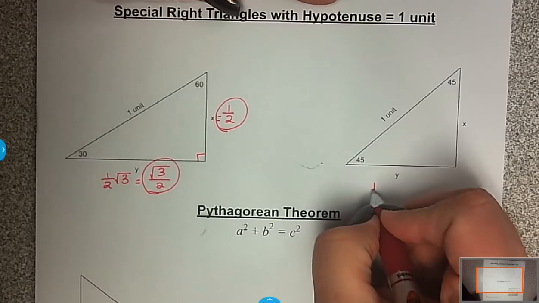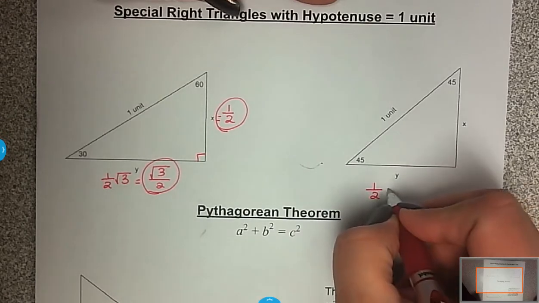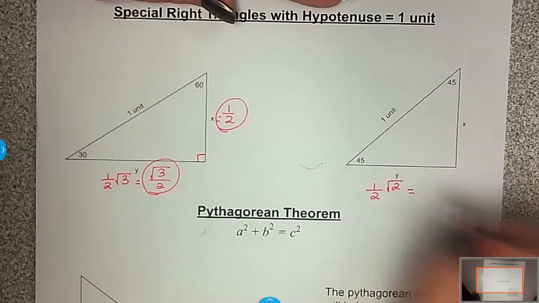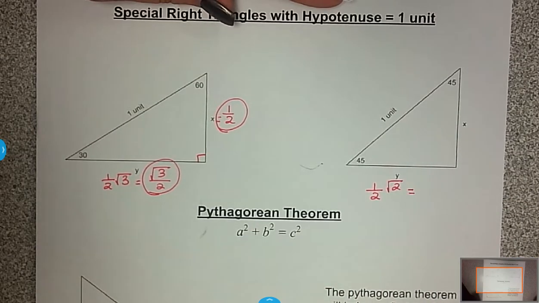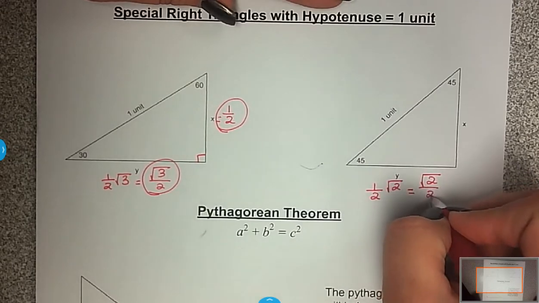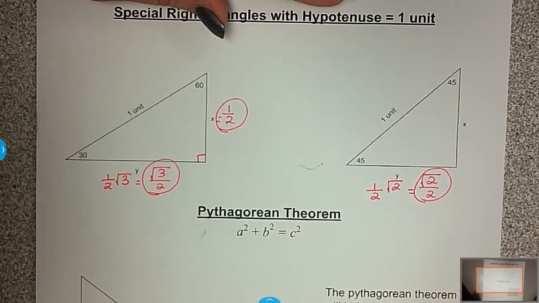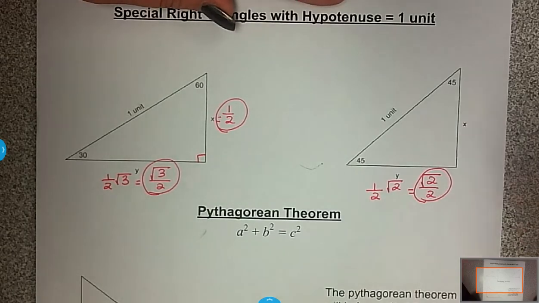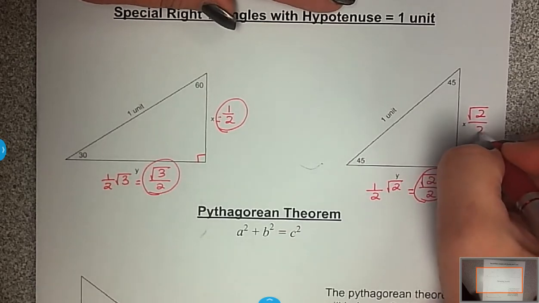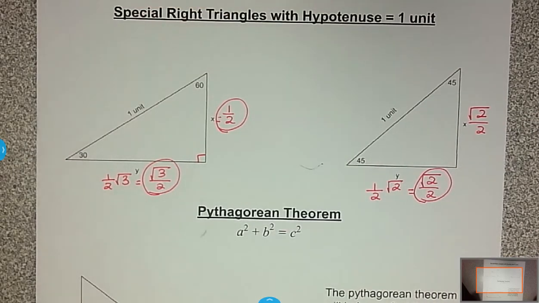We take the hypotenuse, divide by 2, and attach a square root of 2. And then we need to go ahead and simplify that by multiplying, and I end up with square root of 2 over 2 for this leg. In a 45, 45, 90, the two legs are congruent, so this one is also square root of 2 over 2.